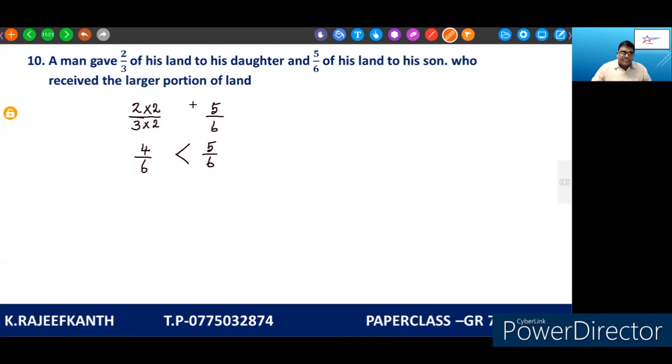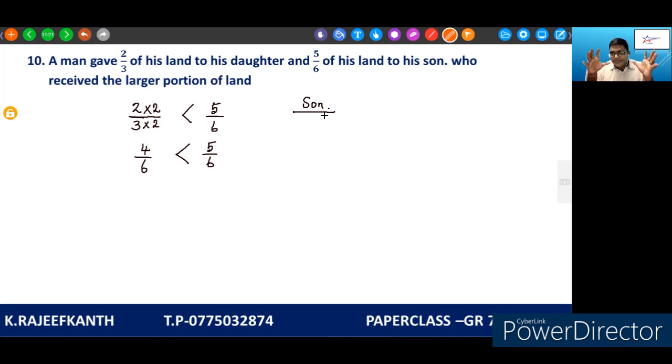So comparing these two fractions, 2/3 and 5/6, the 5/6 is the larger fraction. So who will get the larger portion? Son, because the son is getting 5/6 of his land. So son received the larger portion.